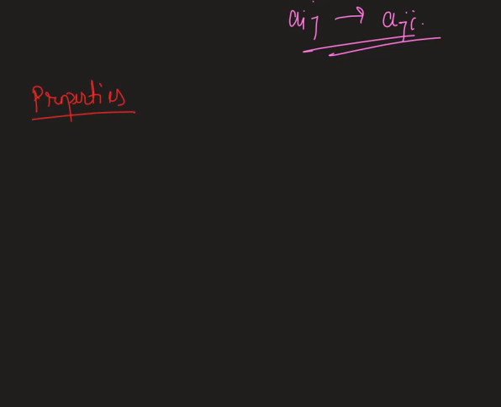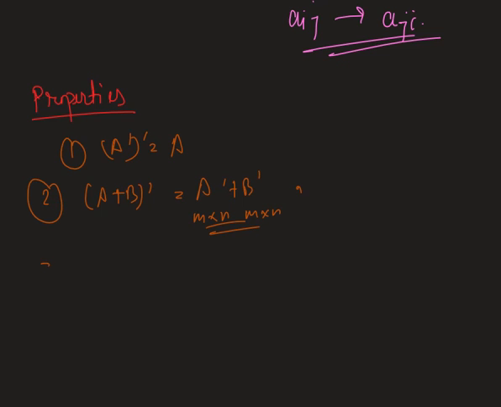The first property is that A transpose whole transpose is going to be A. The next property is A plus B whole transpose is equal to A transpose plus B transpose, where A and B are of the same order, that is, suppose m cross n and m cross n, they need to be of the same order.